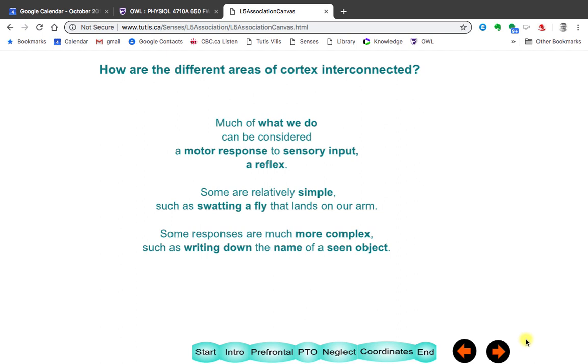So much of what we do you can think of as a reflex. Some are simpler reflexes, like swatting a fly, and some are more complex, like writing down the name of an object that you just saw.